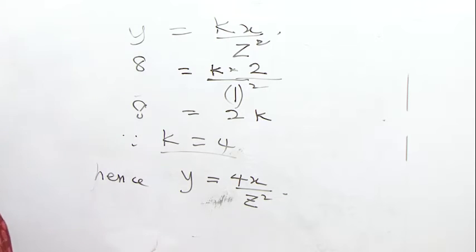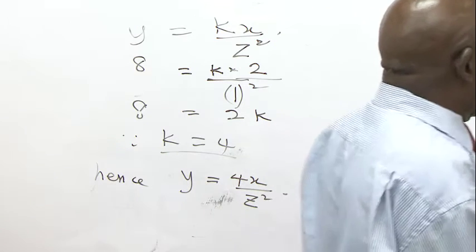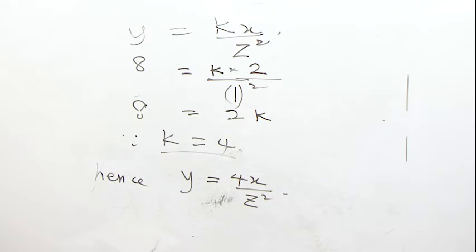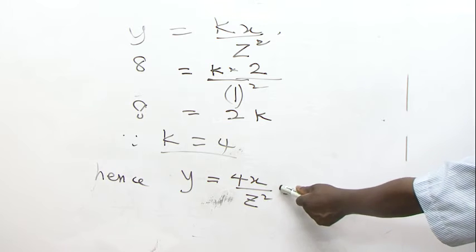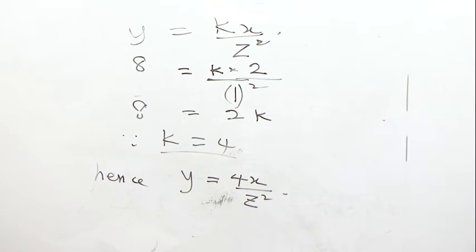They give you another one. The question says, find y when x is 3 and z is 2. I told you this is the relationship between y, x, and z. That is the equation connecting the 3. You know there are 3. That is why we call them joint.